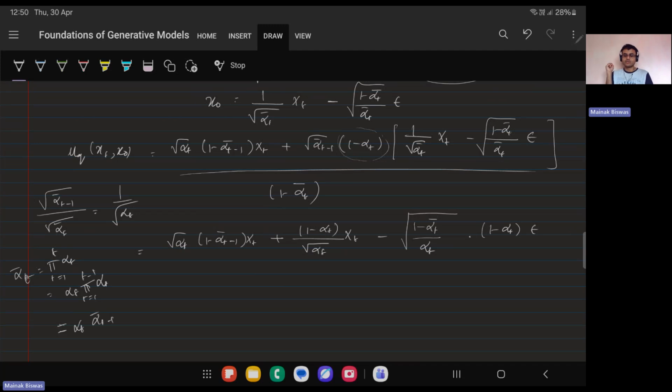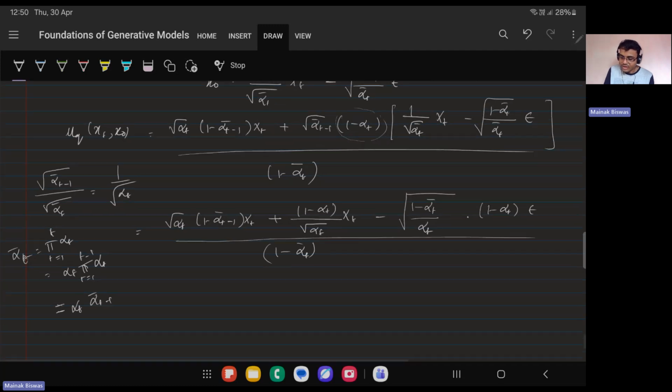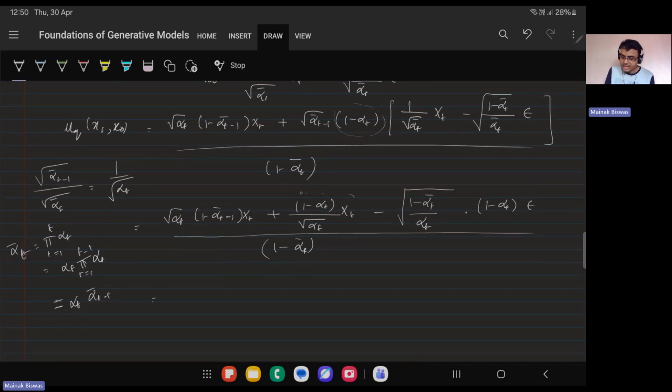So if you divide this, you'll just get 1 by root alpha t. Very nice. And then I get 1 minus alpha t bar. So if I take xt common over here, what will I get?